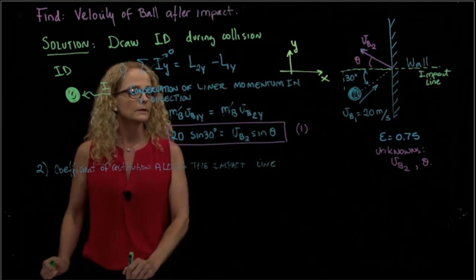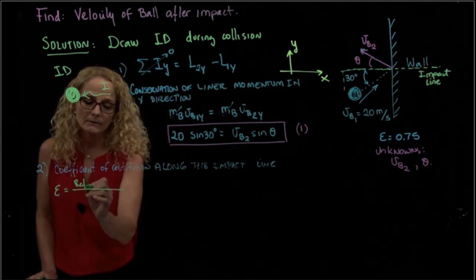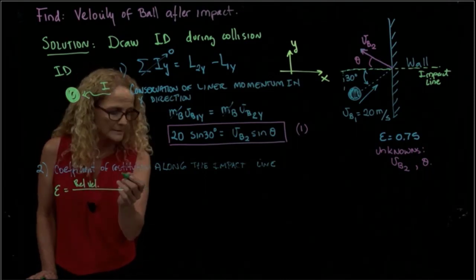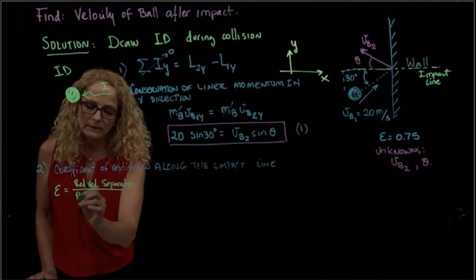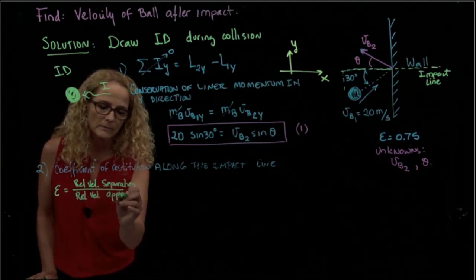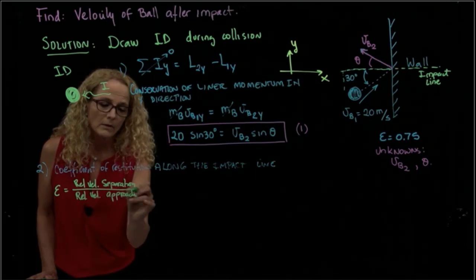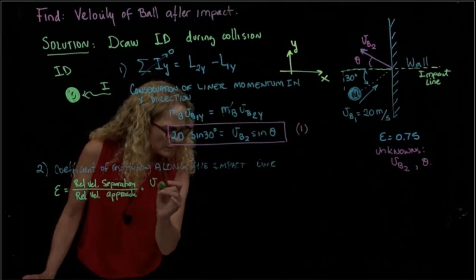So, what is the definition of the coefficient of restitution? The relative velocity of separation divided by the relative velocity of approach. Of course, in this case, the wall is not moving. So let me write the whole equation.